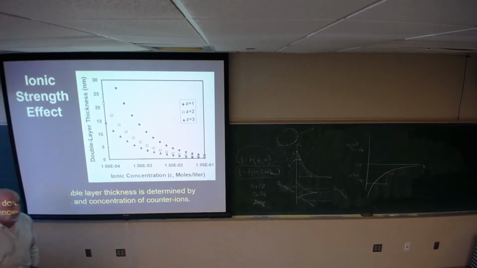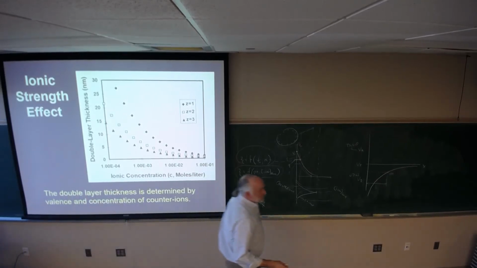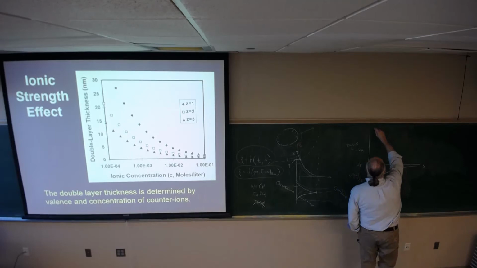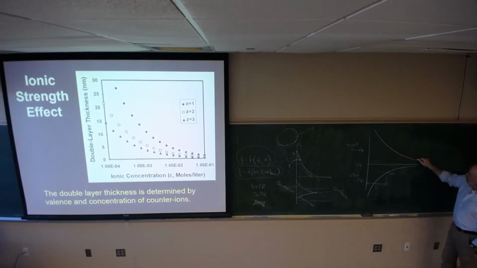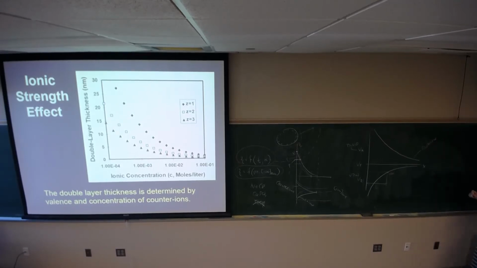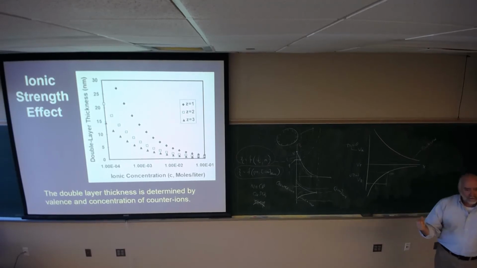Okay. Now on the other side, I have the DLVO approximation. I come up with a curve like this. This is my repulsive potential. It is dictated by what? Charge on the particle surface, essentially double layer thickness, it all comes in.